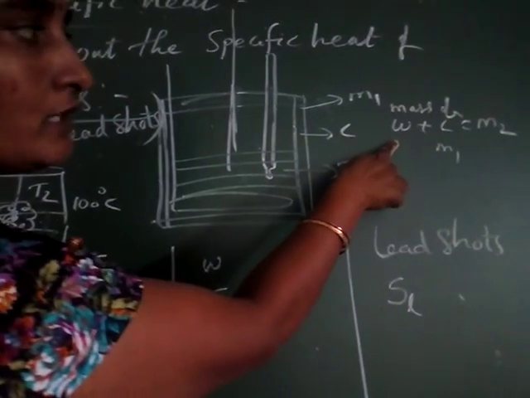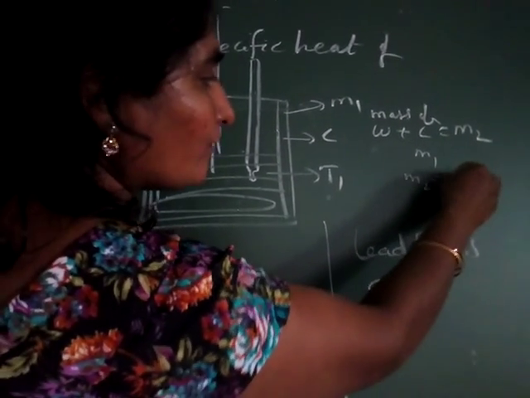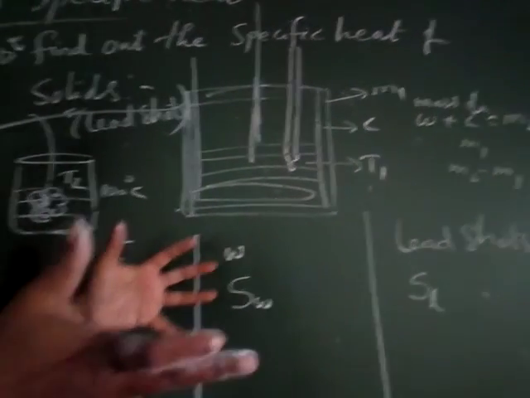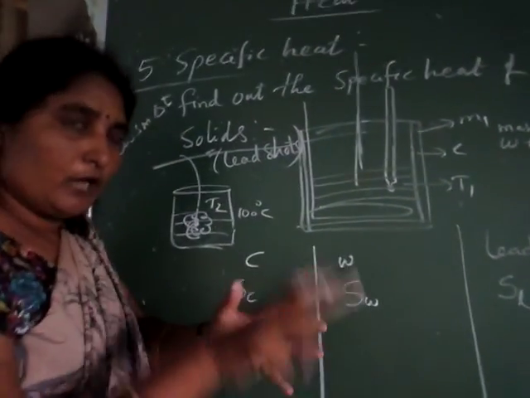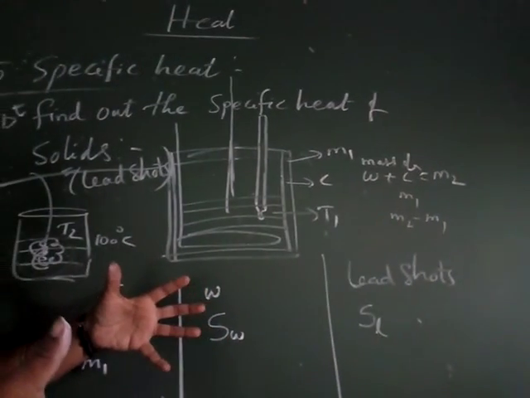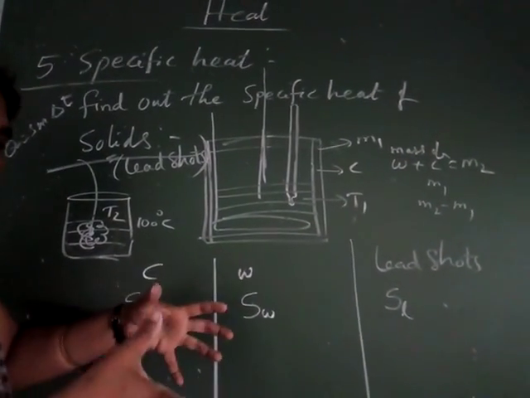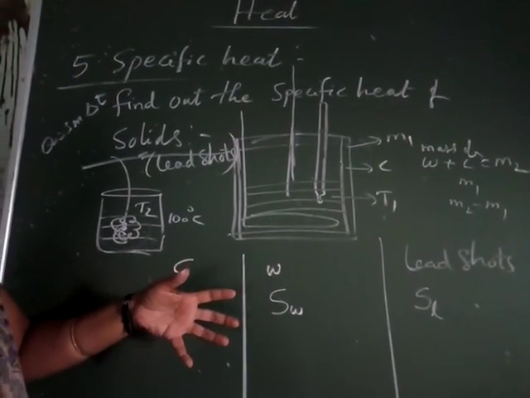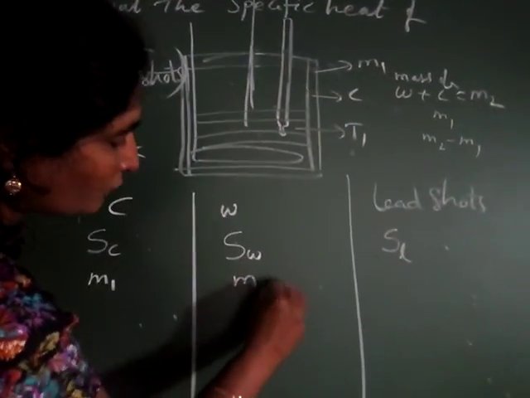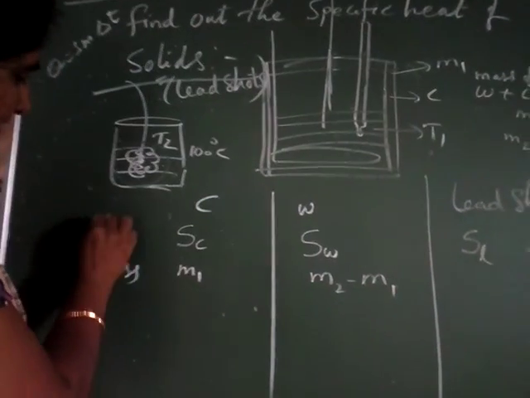Then to find the mass of the water, what you have to do? m2 minus m1. Do you understand this one? The total calorimeter and water weight is m2. The calorimeter weight is m1. That's why we can get the mass of the water by subtracting the calorimeter weight from the total weight. So the mass of the water is m2 minus m1. This is the mass, this is the specific heat.